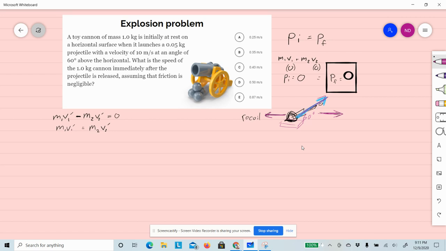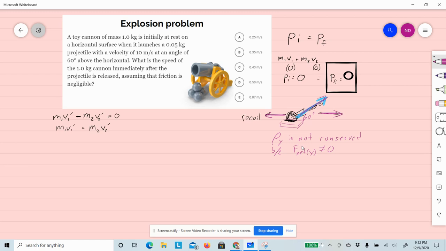So the momentum in the y direction is not conserved because F net in the y direction at the moment of explosion is not 0. The Earth is pushing up more than the cannon is being pulled down at the moment of explosion.